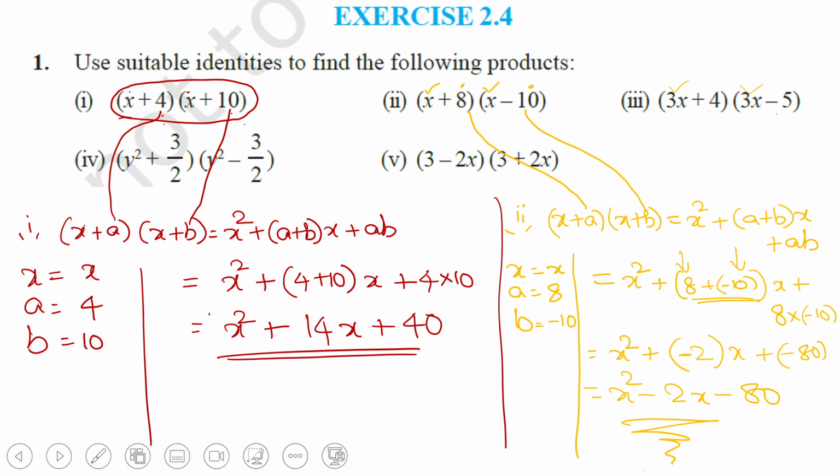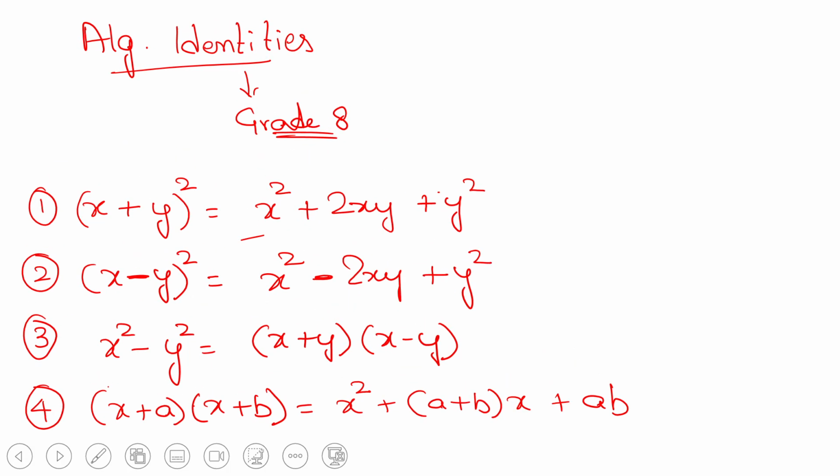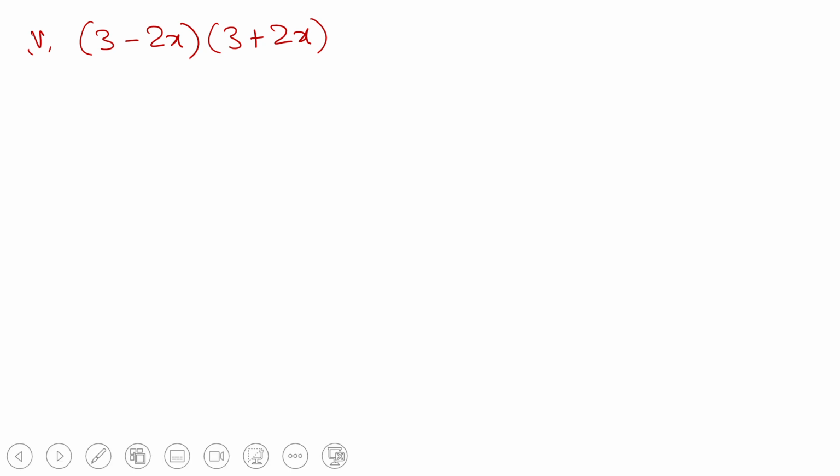Problem: 3 minus 2x into 3 plus 2x, right? So this is the fifth problem, I believe. 3 minus 2x times 3 plus 2x. Now students, I'll pause this video and you let me know which identity we have to use.